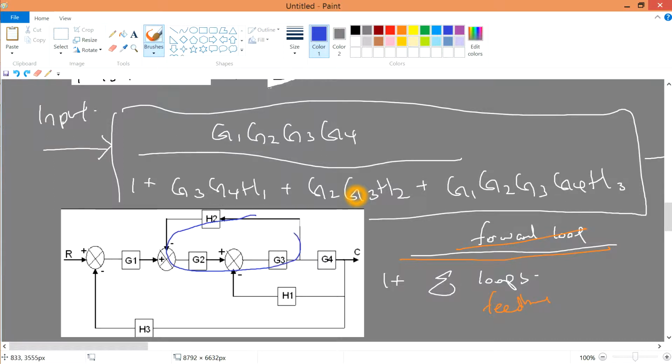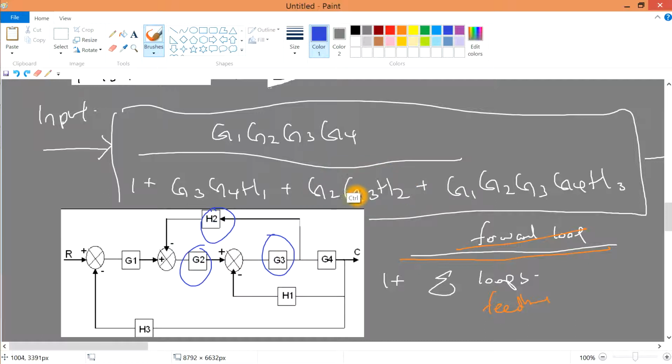We have one loop over here, a second feedback loop over here, and the super ultra big feedback loop over here. Alright, 3 feedback loops. Take a look, the first one, the blue one, we have G2, G3 and H2 with a minus. Minus means plus sign. We have G2, G3, H2, which is this loop over here.